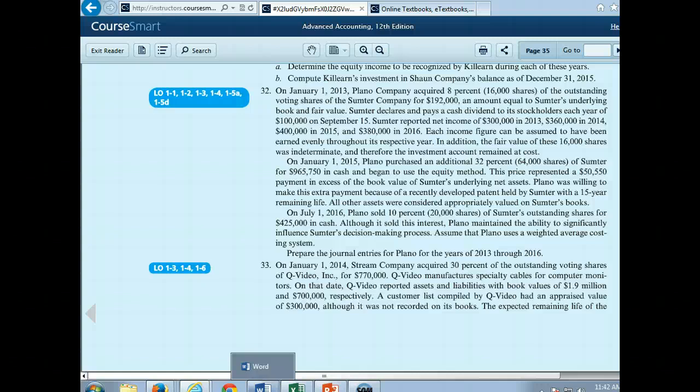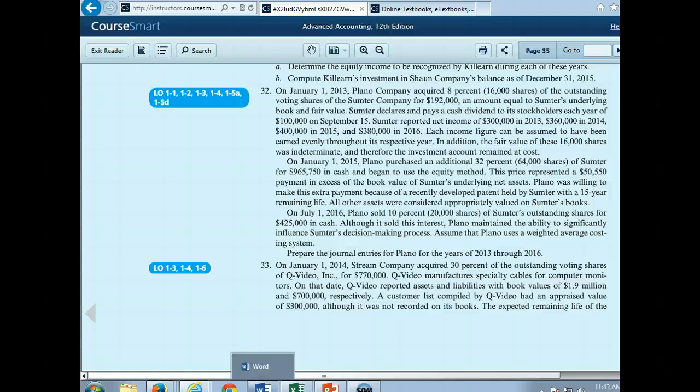Each income figure can be assumed to have been earned evenly throughout the years. In addition, the fair value of these 16,000 shares was indeterminate, and therefore the investment account remained at cost. So we just recorded our investment initially at the cost we bought it for. That's it.